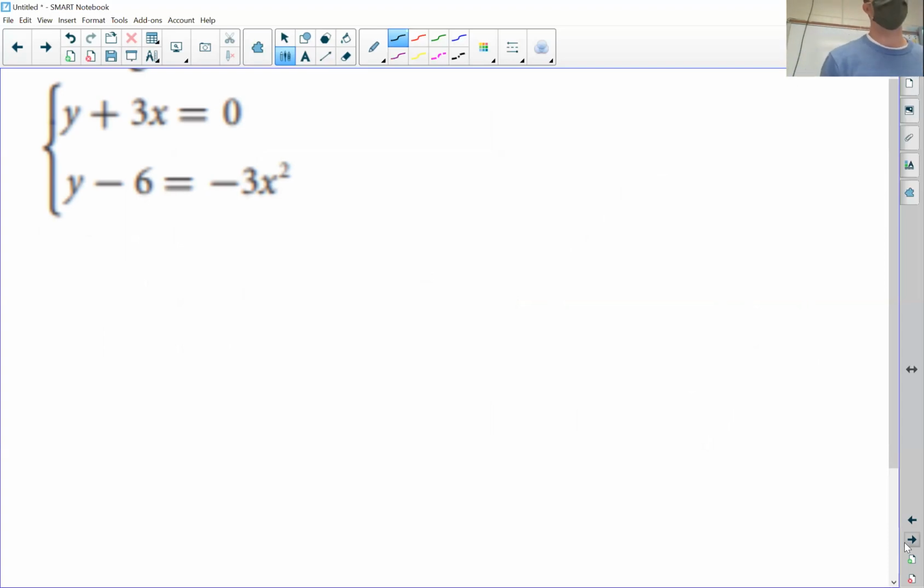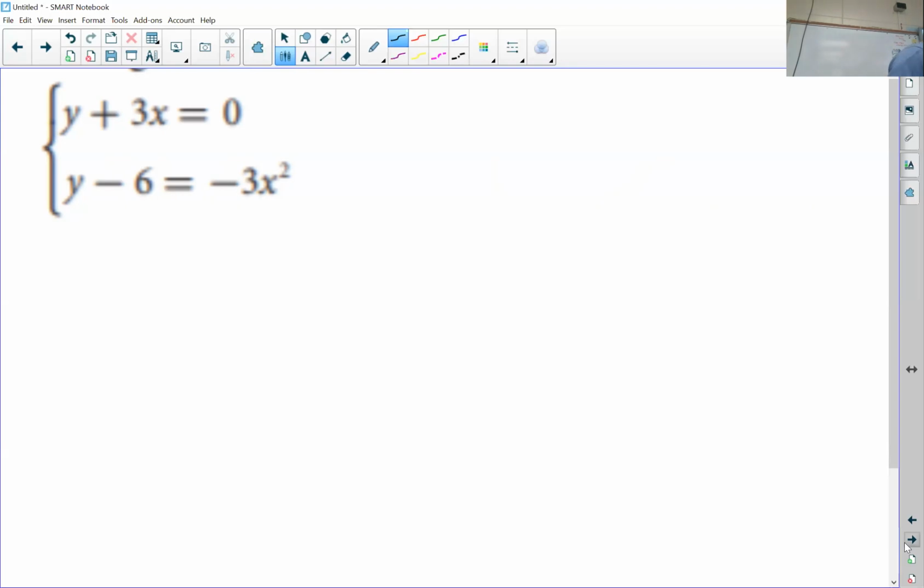Elimination is kind of out the window because you can't really do elimination with a linear and a nonlinear because not enough stuff will eliminate for me to get to where I need to go. Does that make sense? So what I'm going to have to do is substitution.